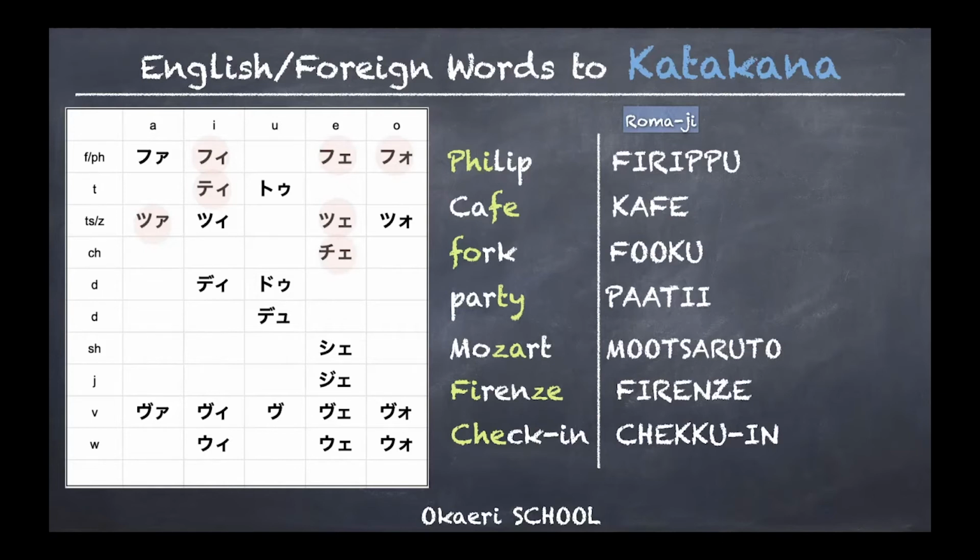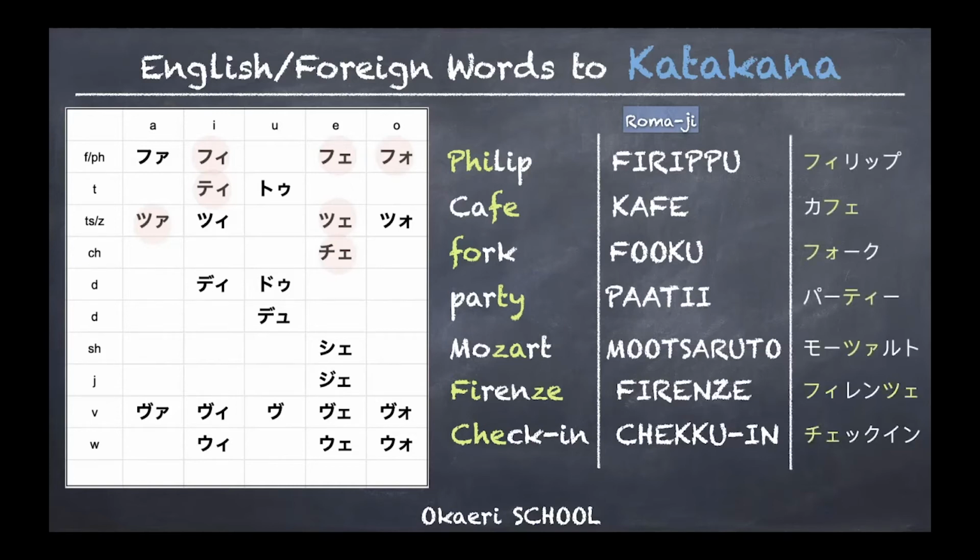In these forms, you can find each character in the chart, either on the basic syllables or the ones with the magical dots and magical circles. And then, ta-da, Philippu looks like this in katakana: cafe, fork, party, Mozarto, Firenze, check-in, and stuff like that.